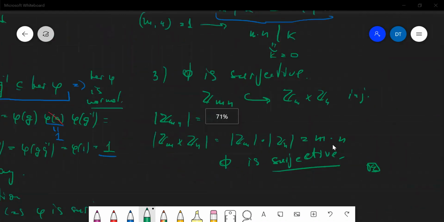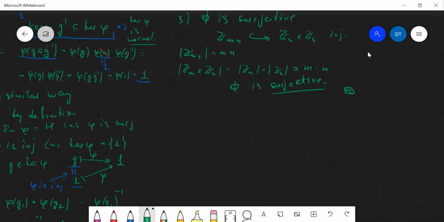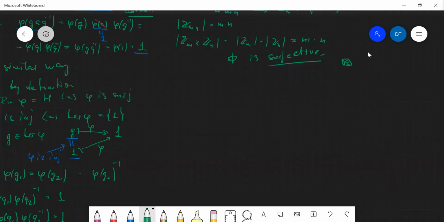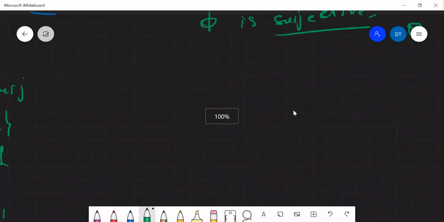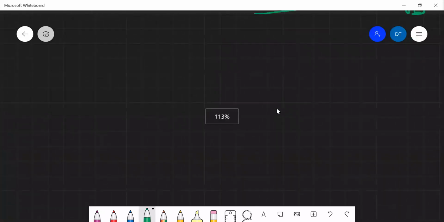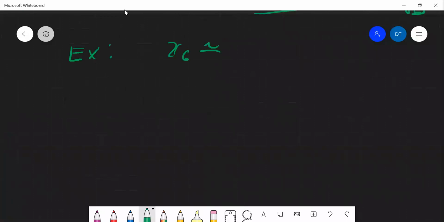Okay. And now I have like 2 minutes, and I want to formulate another claim, which is really important for us. But before doing that, because of the Chinese remainder theorem, you see we have this: Z6 is isomorphic to Z2 times Z3.